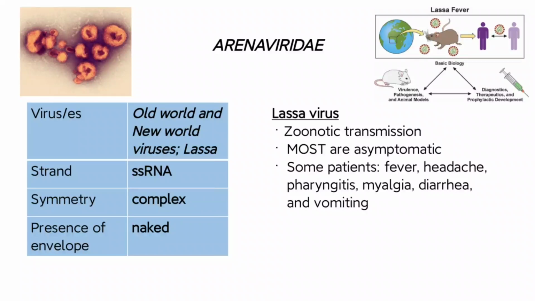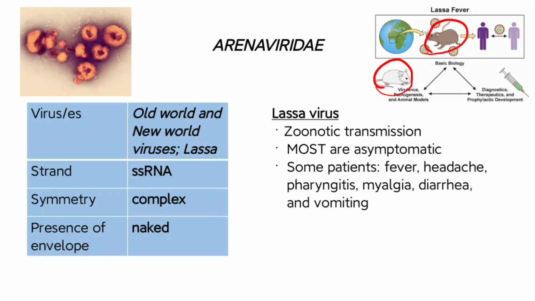Okay? So, for the Lassa virus, this is technically zoonotic. Zoonotic meaning this came from animals, which is the rodents. Okay? Rodents ang kanyang zoonotic transmission. Most of the Arenaviridae or the Lassa virus infection are asymptomatic naman. So, sa lahat ng Arenaviridae, Lassa fever na yung pinakamalala. Pero, most are still asymptomatic.